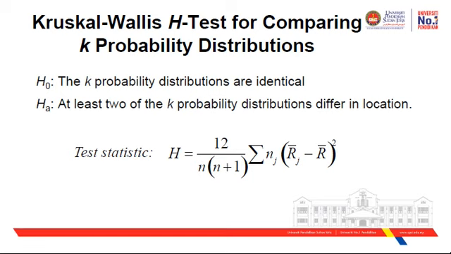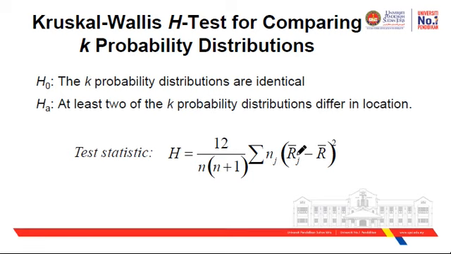The test statistic used in this analysis is H equals 12 over N times N plus 1. N refers to the total sample size for the whole data, and the summation is over nj, where j represents the sample size for each category.